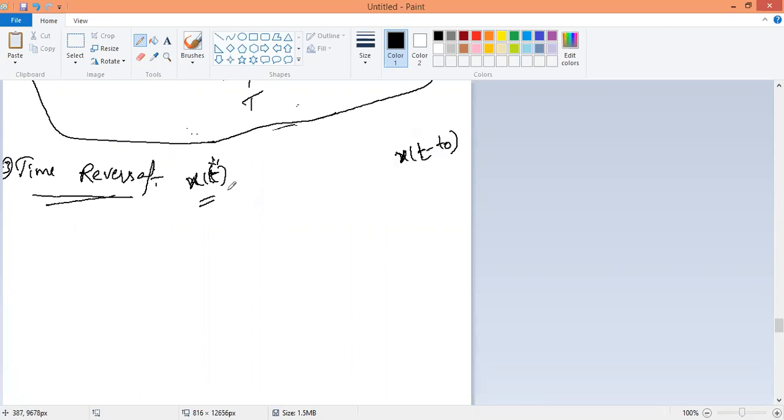Next, what is meant by time reversal? T is the normal time. What is the reversal of this time, this t? What is the reversal of t? Minus t. Okay, now.